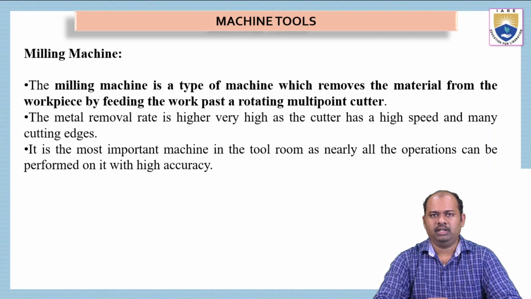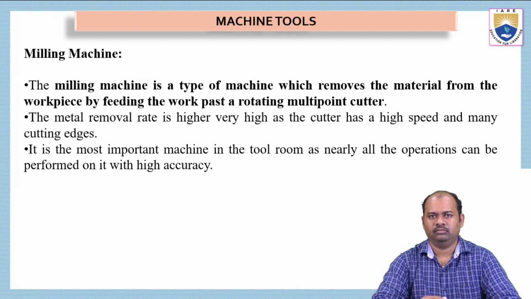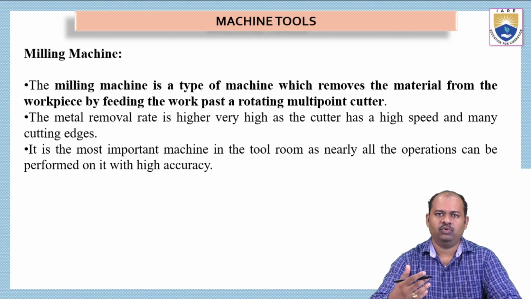Now, the metal removal rate is very high, as the cutter has a high speed and many cutting edges. So the metal removal rate is very high in these machines when compared to a lathe machine. In a lathe machine, the metal removal rate is very low because we have a single point cutting tool. It has limited capability.